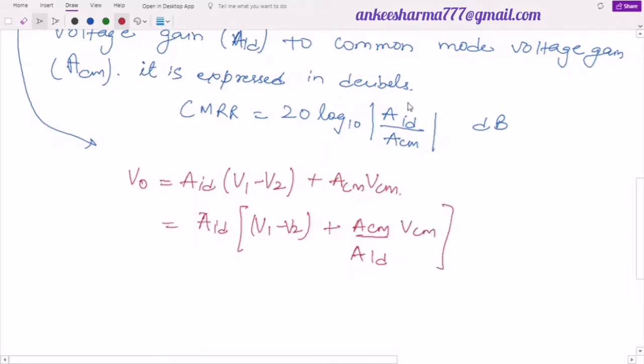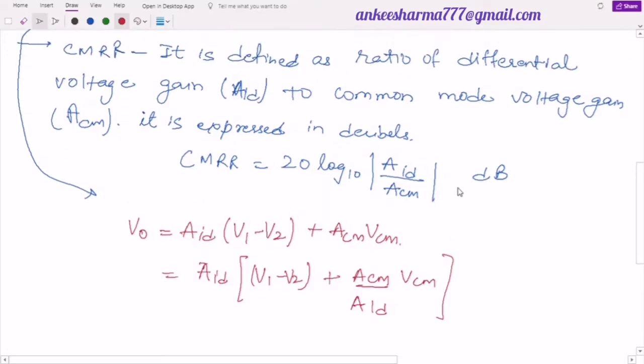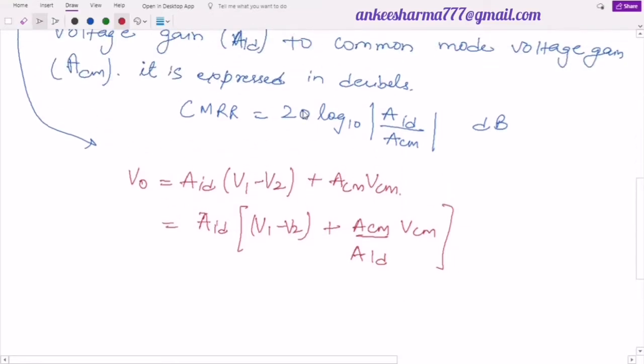Now what is AID by ACM? It is the ratio of differential mode voltage gain to the common mode voltage gain. It is nothing but CMRR. If I am not representing it in dB, it is simply CMRR without dB, equal to AID by ACM.